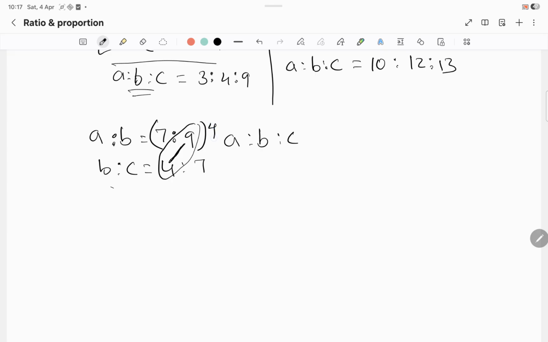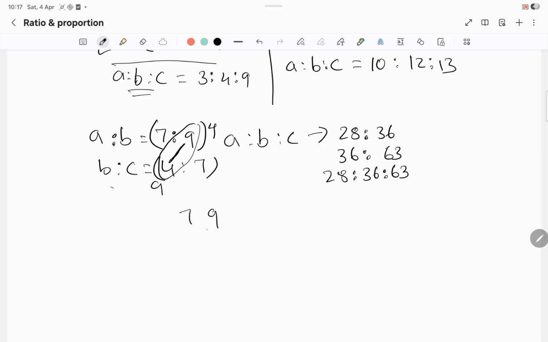So multiply the above ratio by 4 and the bottom ratio by 9. So it becomes 4 7s 28 is to 36 and 9 4s 36 is to 9 7 63. Then 28 is to 36 is to 63. That's it. But every time we can't take LCM, right?